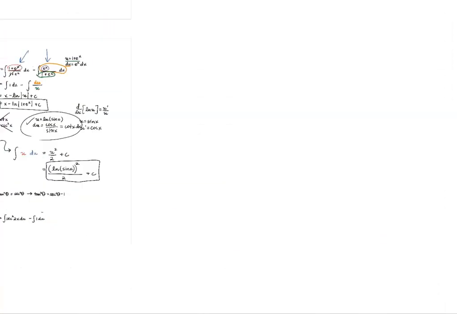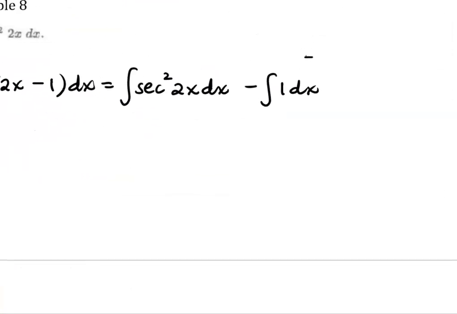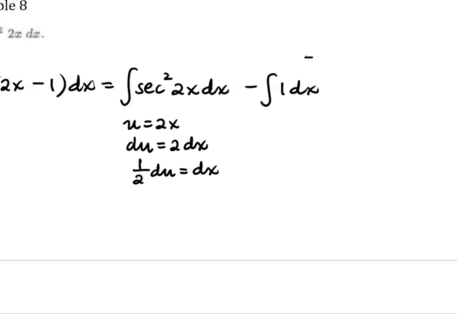So I'm going to do a u substitution, and I'm going to let u be equal to 2x to then get that du is 2 dx to then get that 1/2 du is dx. So in my integral, I'm replacing this dx with a 1/2 du, and then I still have secant squared, but I don't have 2x, I just have u.